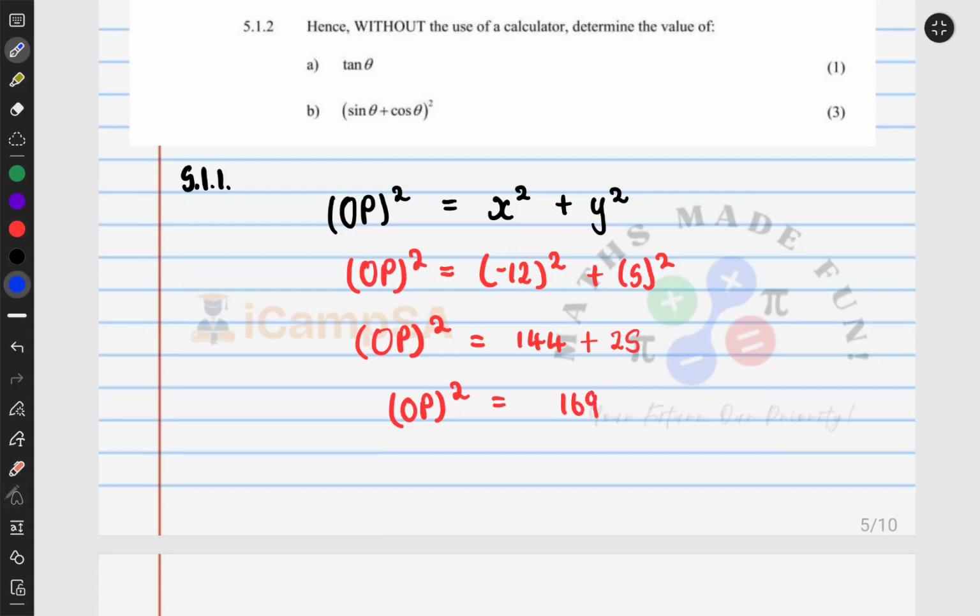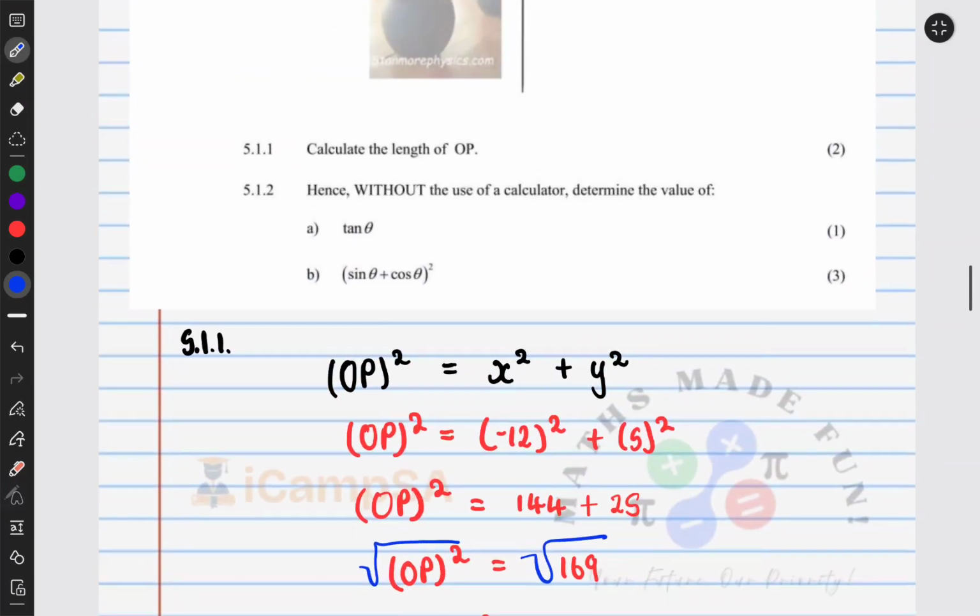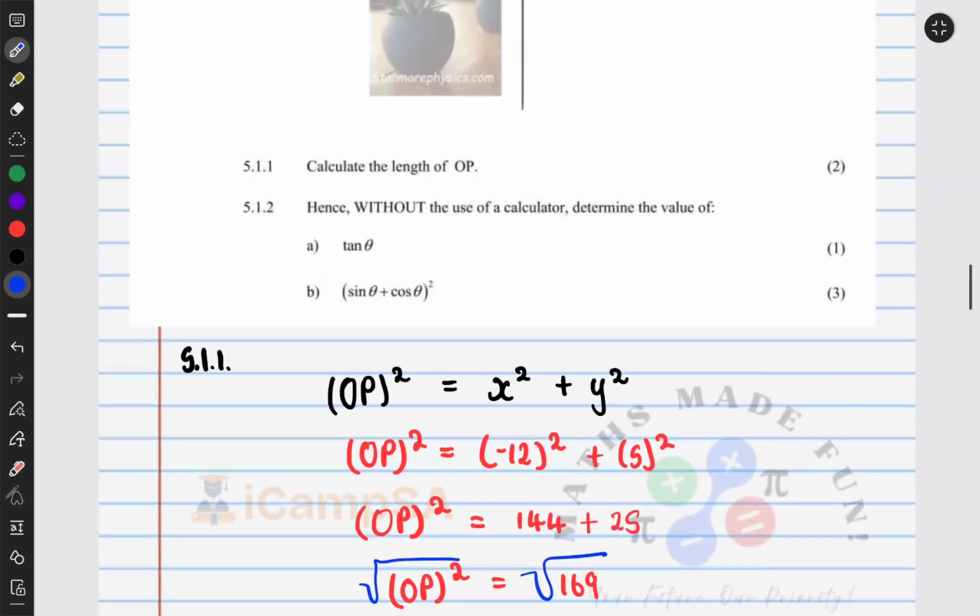We introduce the square roots on both sides. Therefore, OP is the square root of 169. As far as I know, it should be 13, but let's double check. Yes, 13 is the square root of 169. Okay, and there you have it.